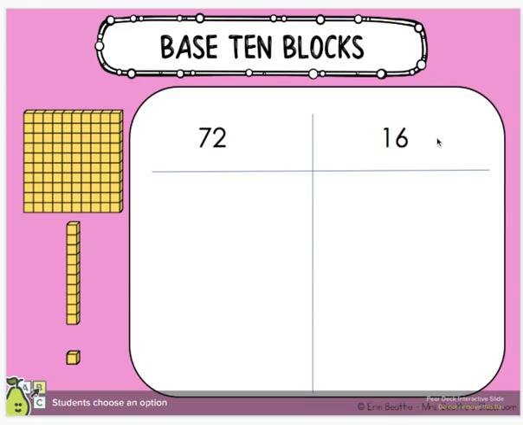This is 72 and 16, and we want to say which one is bigger or has more. So again, I'm going to break my number up by place value. I have 7 tens.